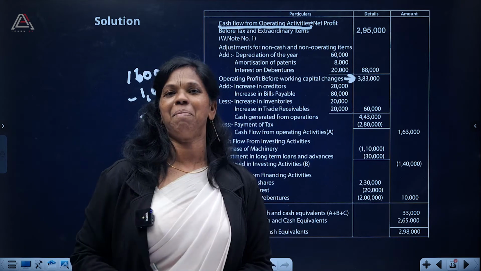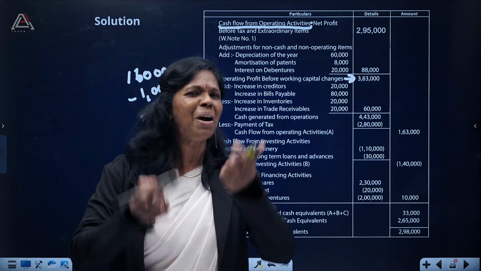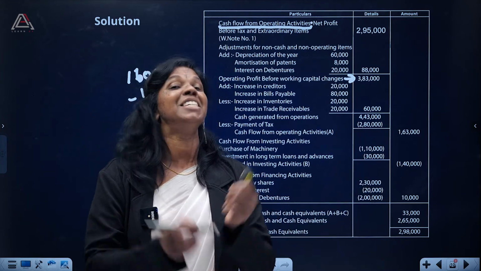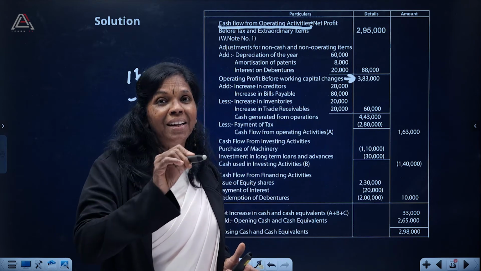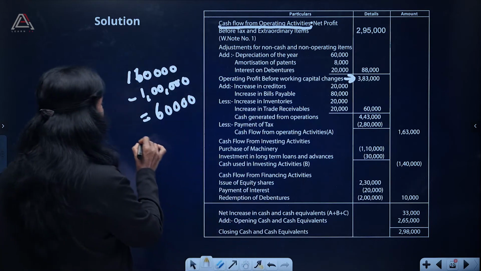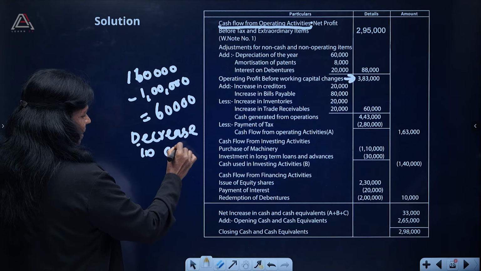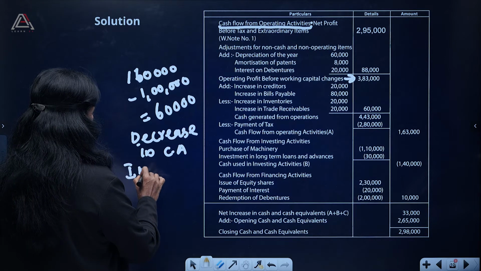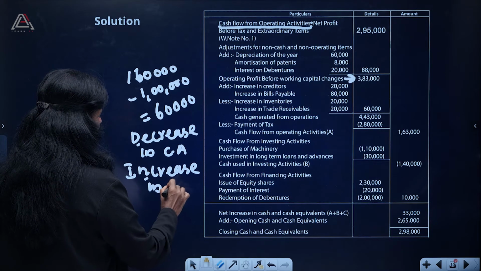Then what is the next step? Do you have any idea about working capital? Working capital means current asset minus current liability. So along with this, we have to add decrease in current asset and increase in current liability.